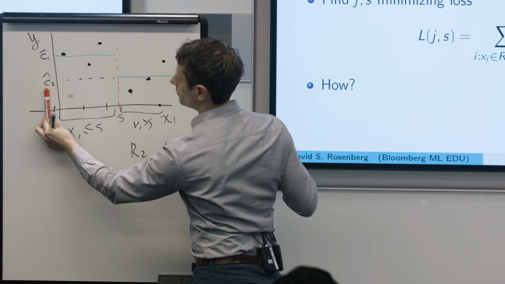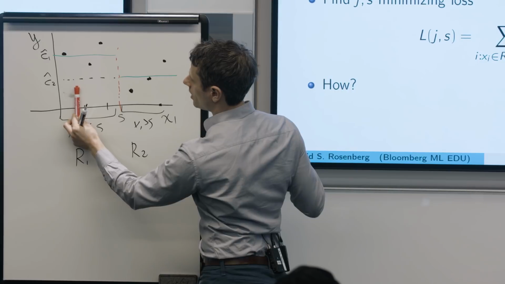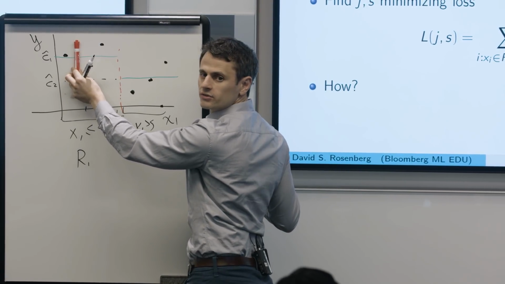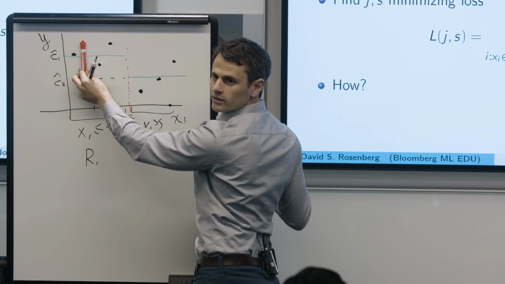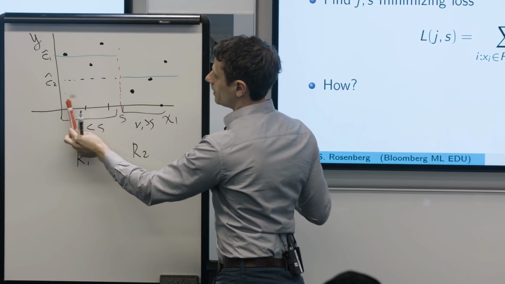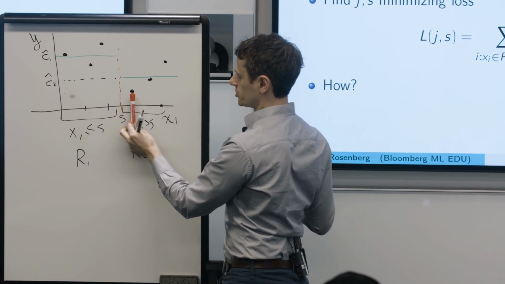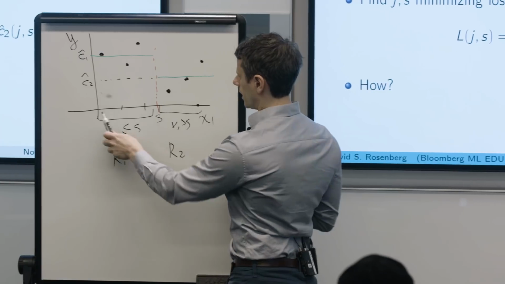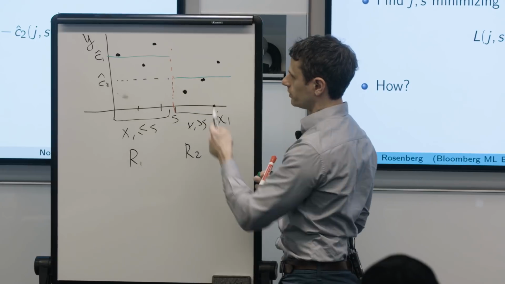As we move to the left, eventually the split point will cut off this one point. And what's going to be the prediction to the left in that case? Exactly that point, and to the right, the average of the remaining points. And we slide over. How many unique prediction functions are we going to get from this process? The number of points? Is x continuous? X is continuous, yeah, but we have 6 points.